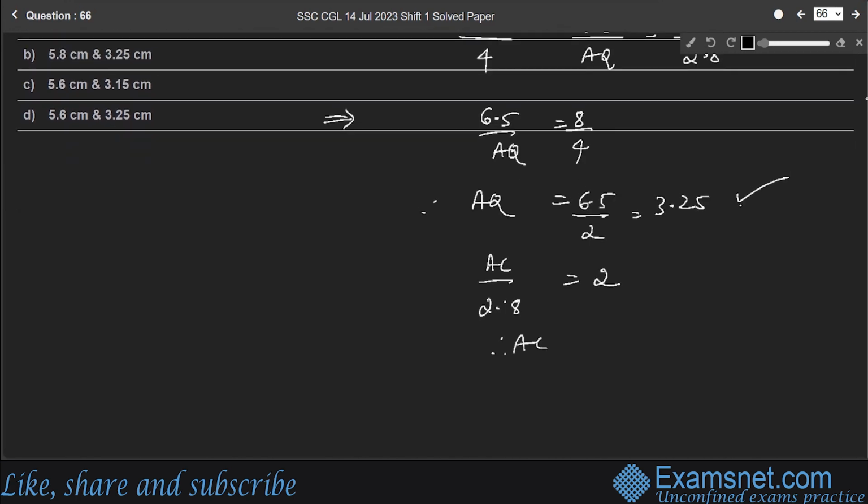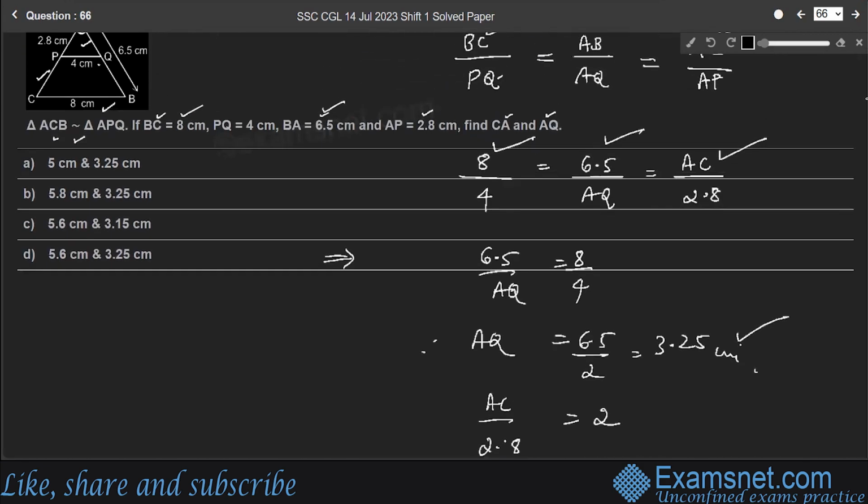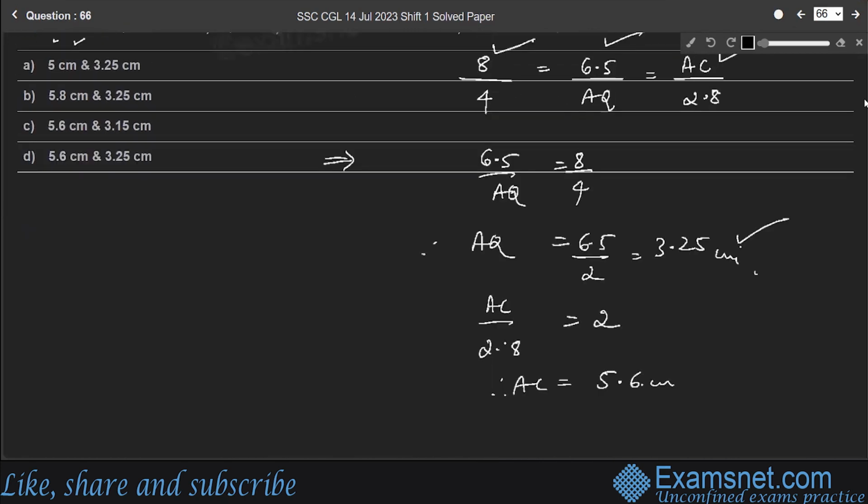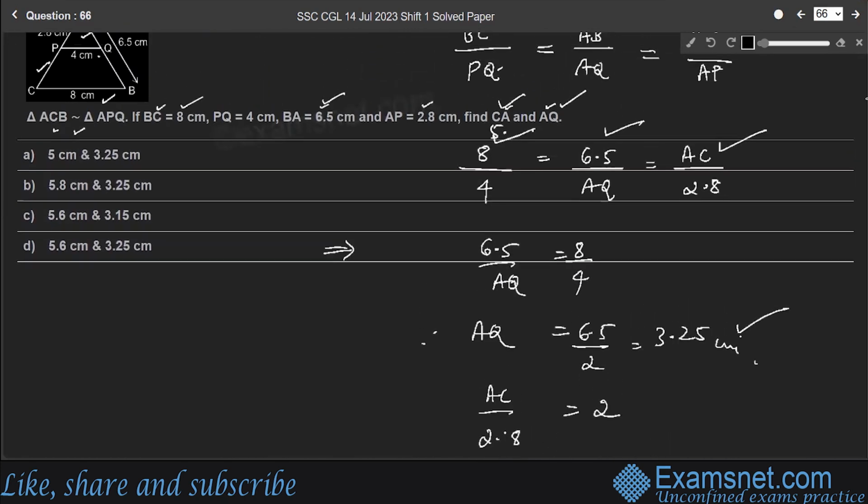Therefore AC is 2.8 into 2, which is 5.6. The units are centimeters. The question is to find CA and AQ: CA is 5.6 and AQ is 3.25 centimeters. Option D is the right answer.